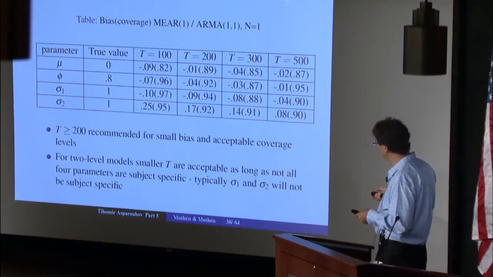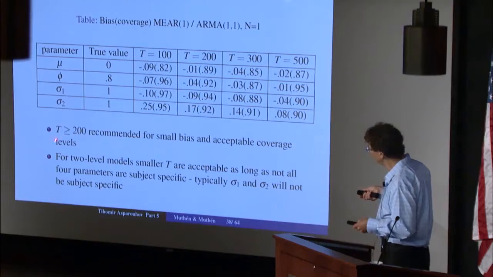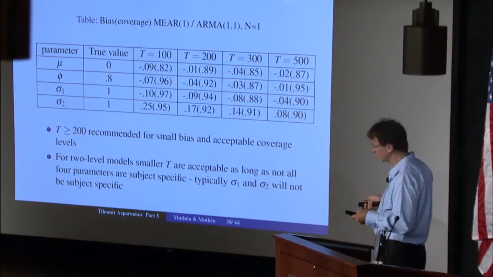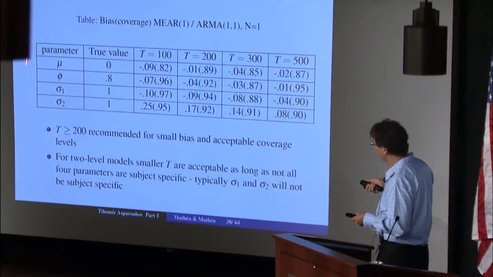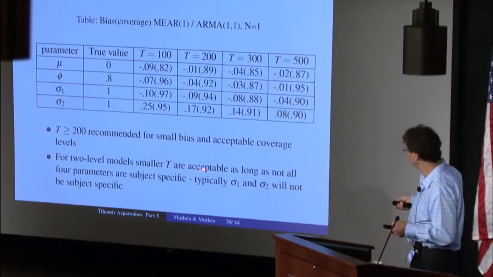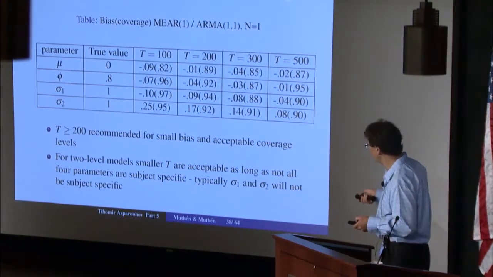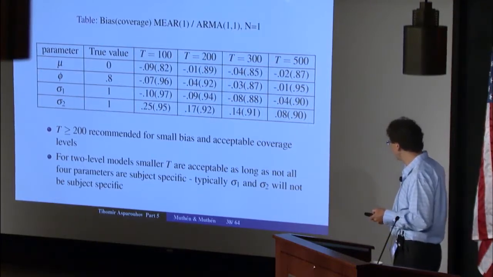And the fact that some of the parameters are going to be invariant across the clusters allows you to carry information from one cluster to another, and therefore reduces the demand for the number of time points in the estimation. You'll be able to get good parameter estimates even with 50 time points, and probably even less.